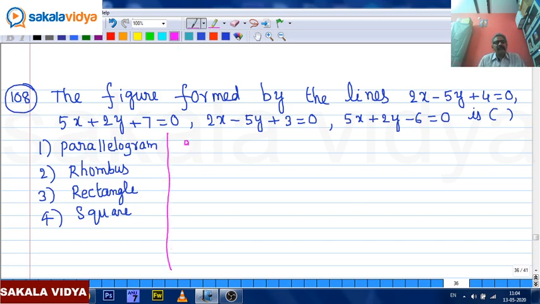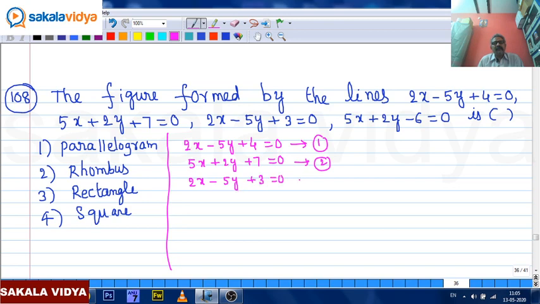The first equation is 2x minus 5y plus 4 equals 0, say equation 1. Second equation is 5x plus 2y plus 7 equals 0, this is equation 2. 2x minus 5y plus 3 equals 0, equation 3. 5x plus 2y minus 6 equals 0, equation 4.